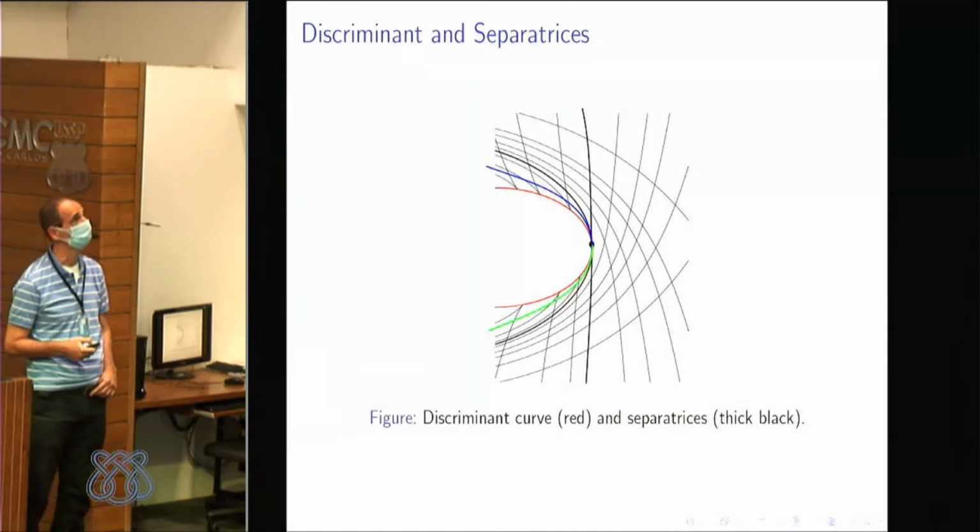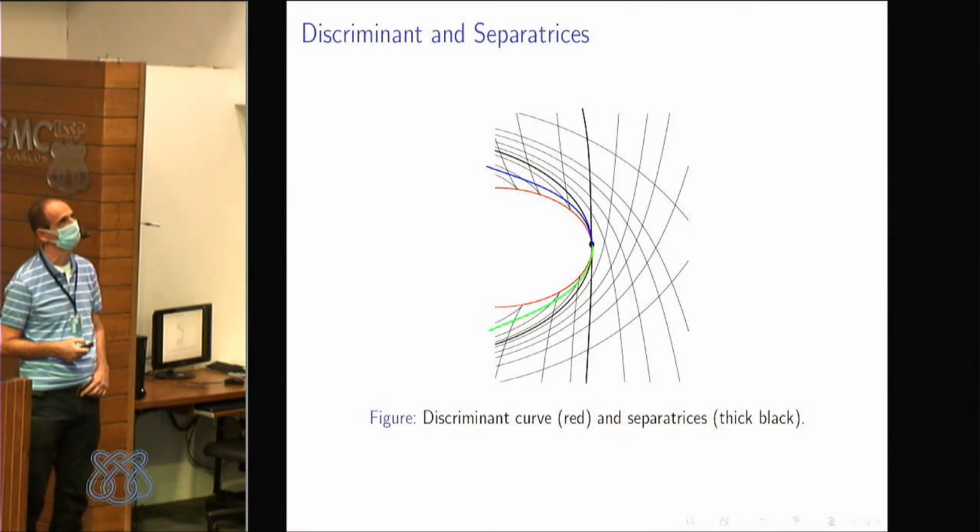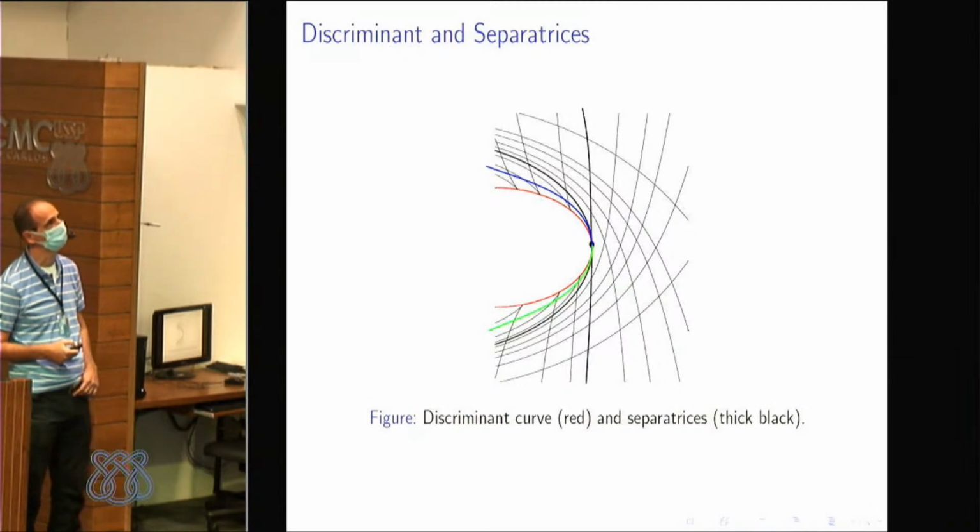Here is the important figure. In red is the discriminant curve, so there are principal direction lines only on one side of the curve. The thick black lines are separatrices.